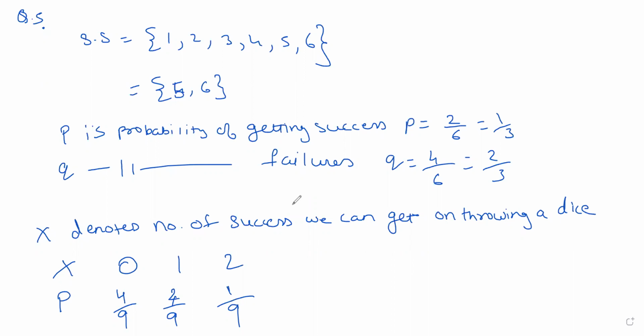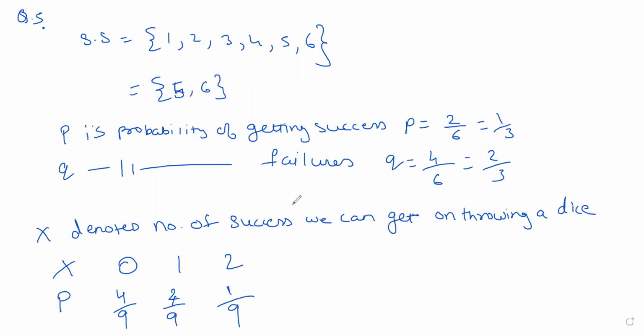If X denotes number of successes we can get on throwing a dice. Now we are throwing dice twice. We can get success both the times, that is, we will get 1 by 3, 1 by 3. So the probability is 1 by 9.